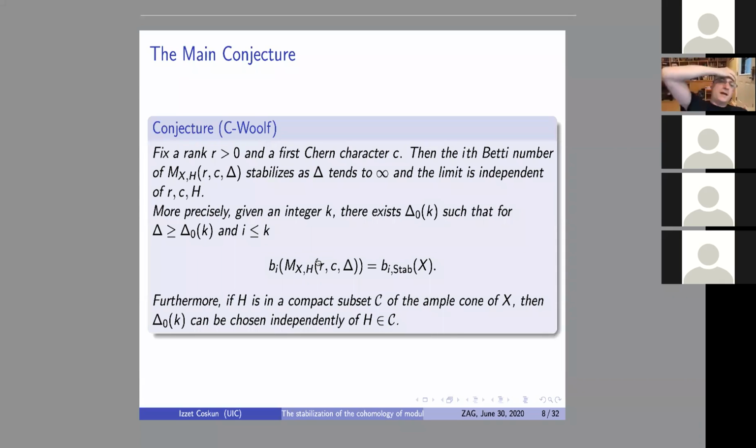For curves, what you can do is let the rank tend to infinity. You fix the degree and you let the rank tend to infinity, then the Betti number stabilizes. Okay, I'll say maybe a little bit more about that in a second.